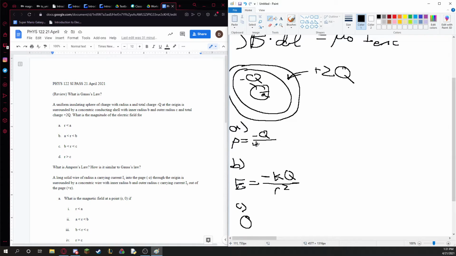So we have our 4/3 pi, and the radius in this case is a, so a cubed. Then our electric field is going to be K times our Q enclosed, which you said was the density times the enclosed volume. What would the enclosed volume end up being here?